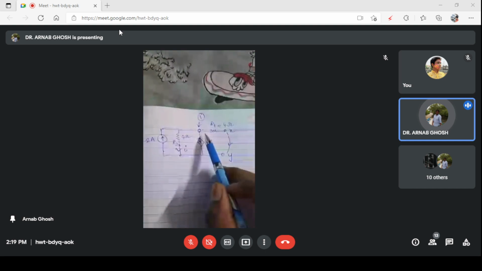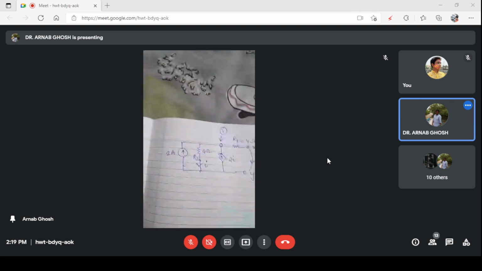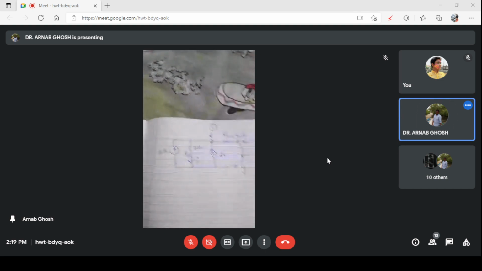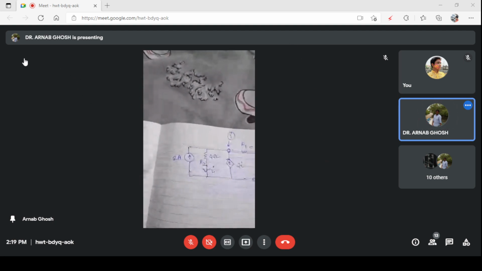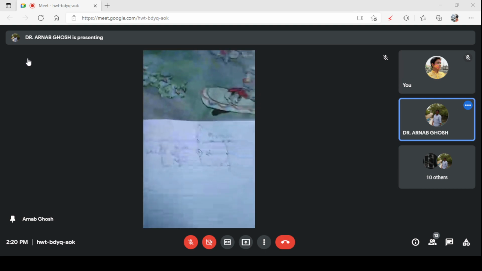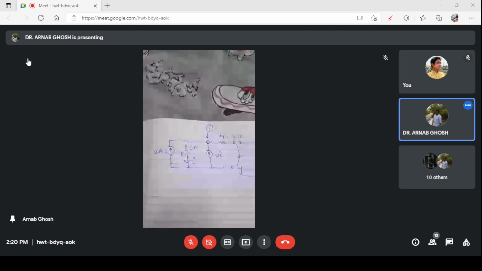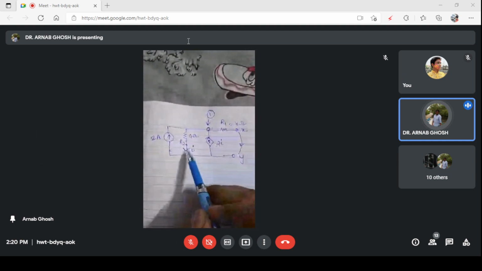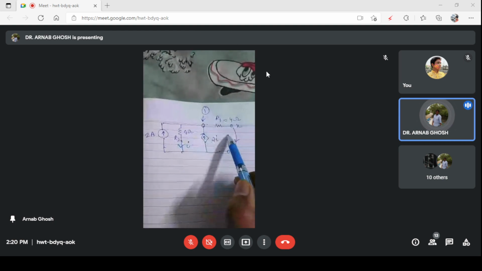If you look at this node, this current is entering the node, this current is leaving the node, this current is entering, and this current is leaving the node.